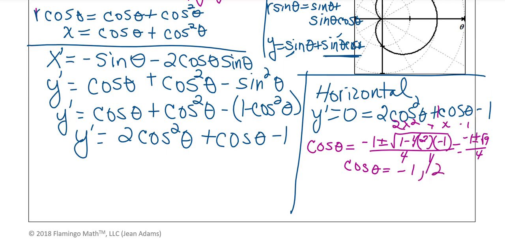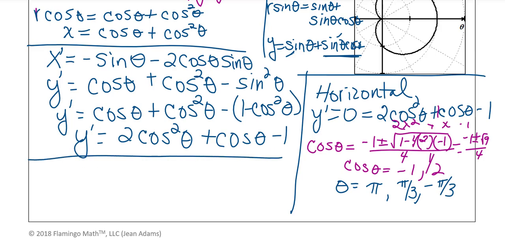So the angles I get here then are theta for -1 could be pi, and that's the only one. And then for 1/2, I'm going to have pi over 3 and -pi over 3. Okay, for that. Now, I'll do the vertical tangents over here.